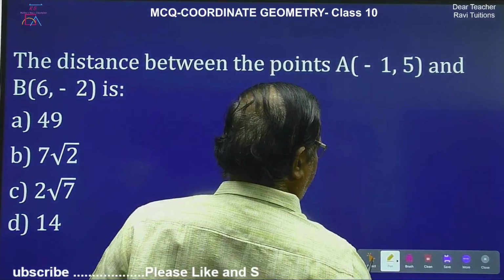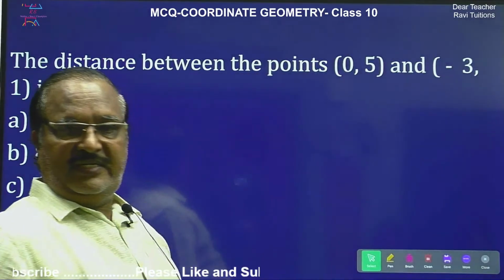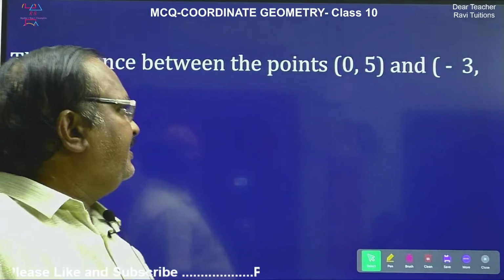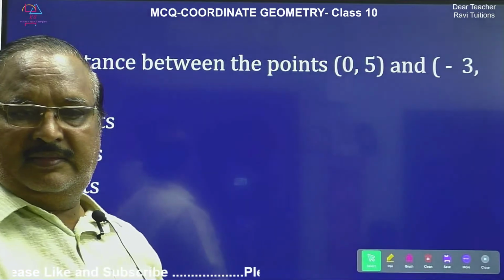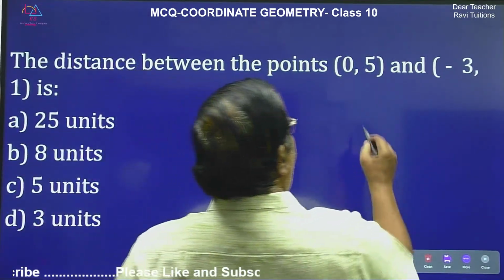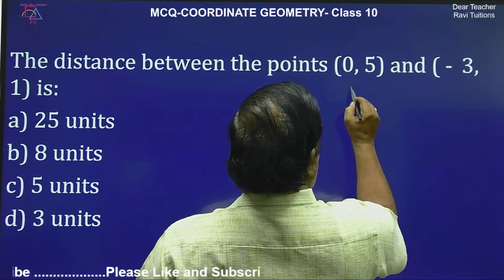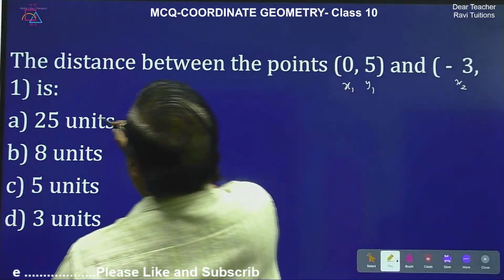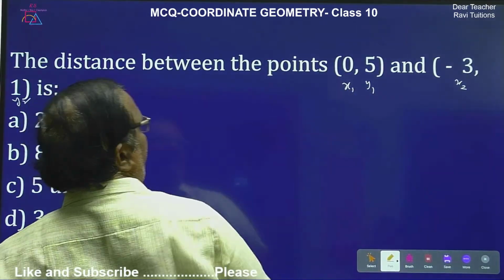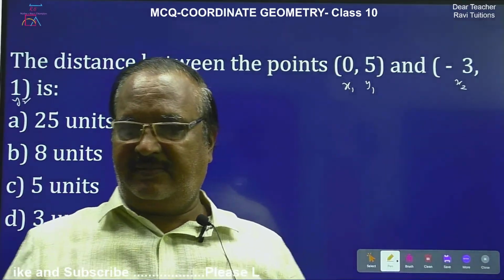Definitely, this type of question may come in the examination. Come on, do it. If you want, you can write here x1, y1 and x2, y2. Directly you can write the answer.